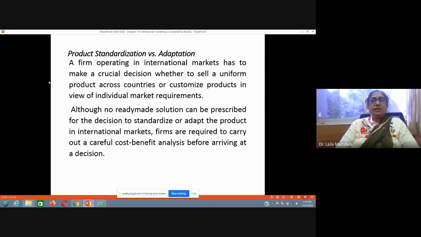What is your cost in adaptation? What is your cost in standardization? In standardization, you don't incur any extra cost, but in adaptation, you incur extra cost. And what are the benefits you are getting in return? So a careful cost benefit analysis has to be done, and you have to take a decision.